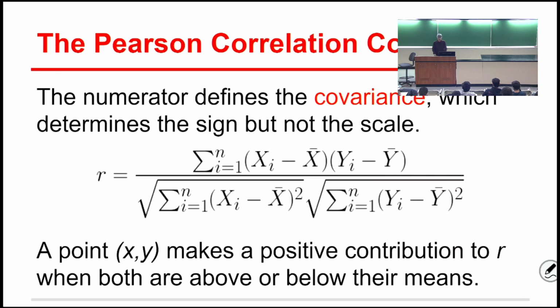Okay? A quarter of the time, you're going to get an x, y pair where x is greater than the mean and y is greater than the mean. That's going to mean a positive thing times a positive thing, which is positive. A quarter of the time you would get x less than the mean and y less than the mean. This would be a negative number times a negative number, which is positive.